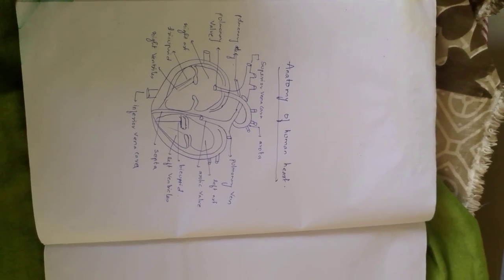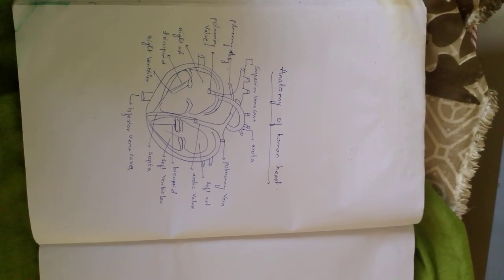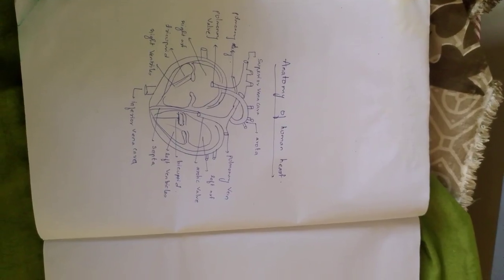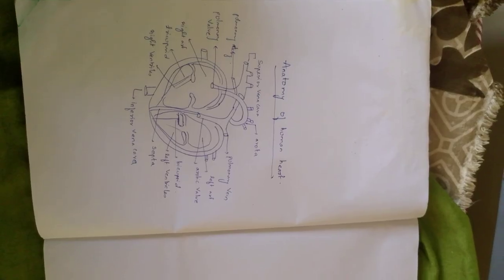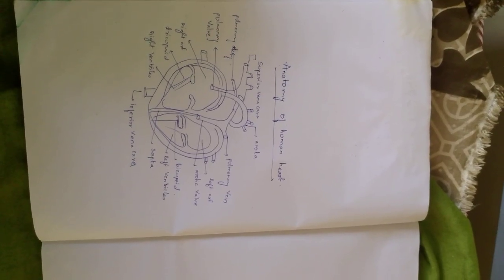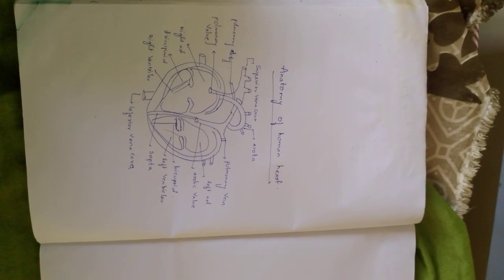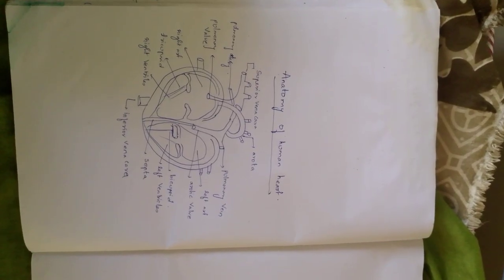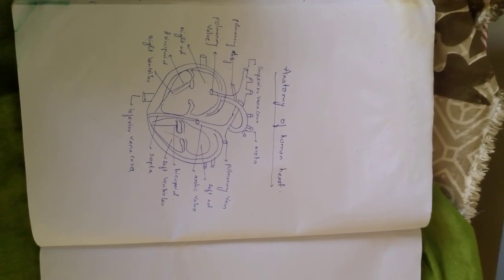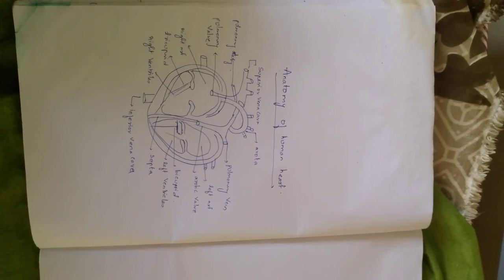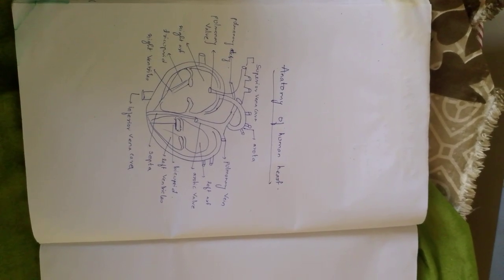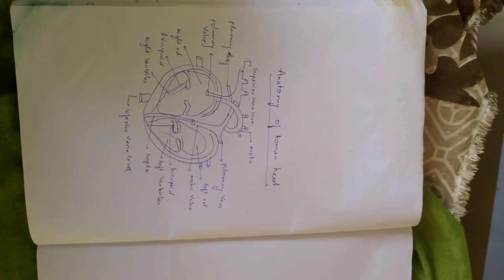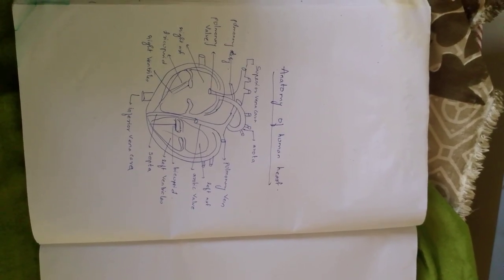And if you come to the aorta, the aorta is the major vessel arising from the left ventricle of the heart, and it carries oxygenated blood to different parts of the body. These are the major vessels of the heart. And if you say the heart is made up of three vessels, actually the heart is made up of five major vessels.